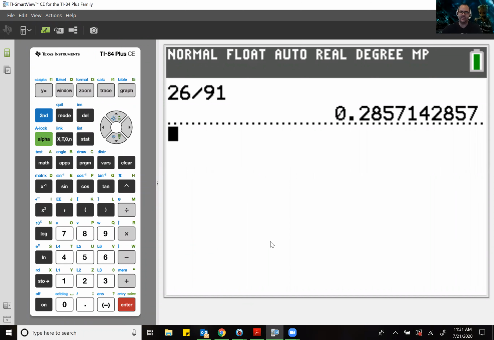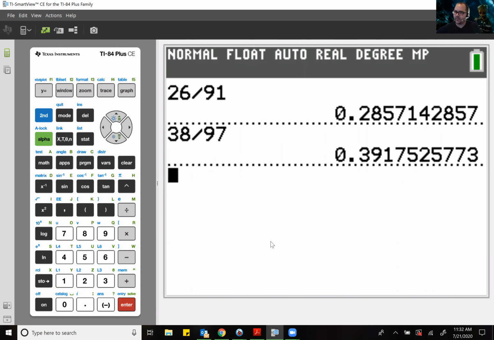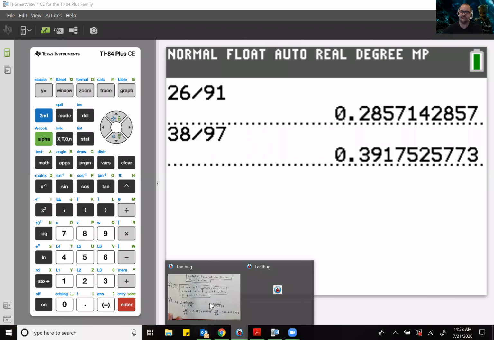So it's like a repeated. And then let's get the other one real quick. 38 divided by 97. So that gives us 0.39175257773.